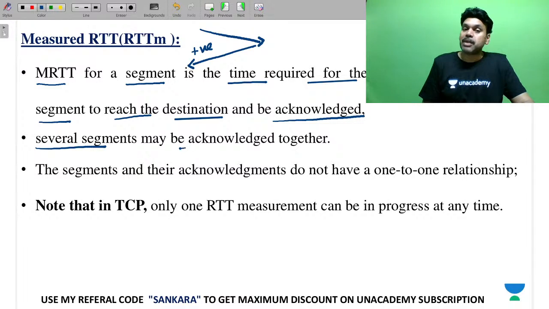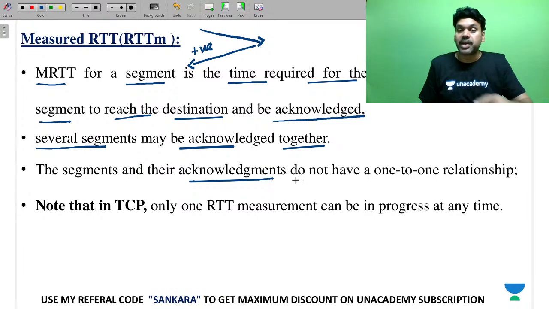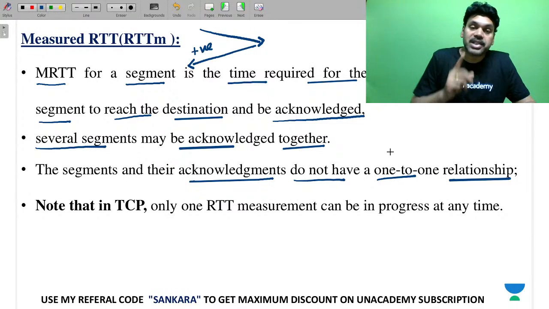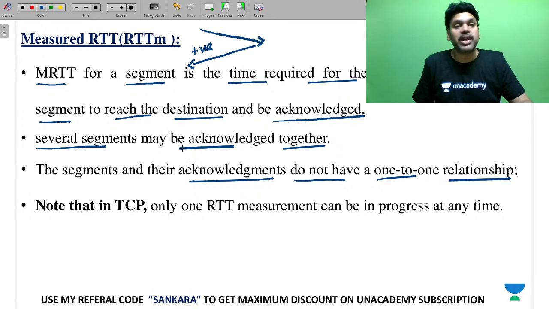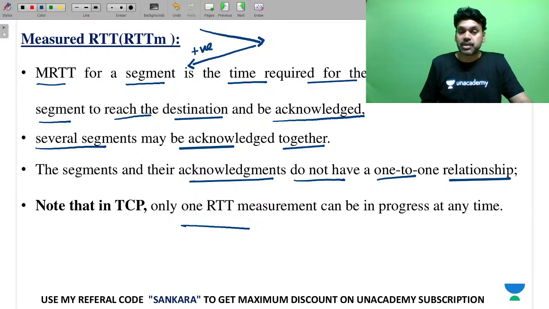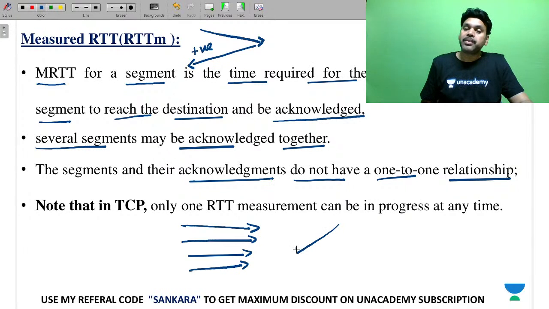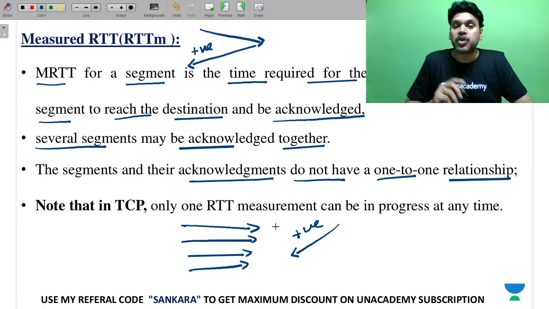Several segments may be acknowledged together. The segments and their acknowledgements do not have a 1:1 relationship. Especially in TCP, we support a cumulative acknowledgement system. Whenever you send a group of segments, you can give one acknowledgement, or you can give individual acknowledgements.